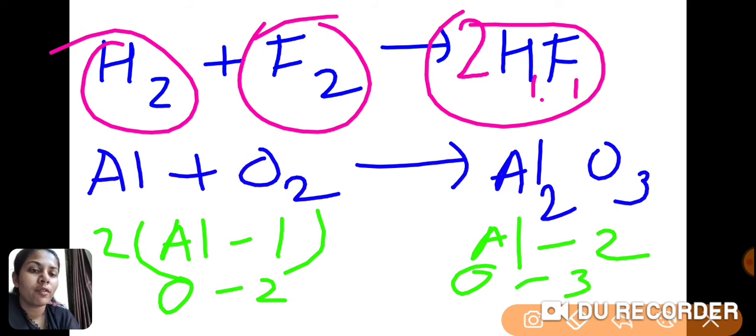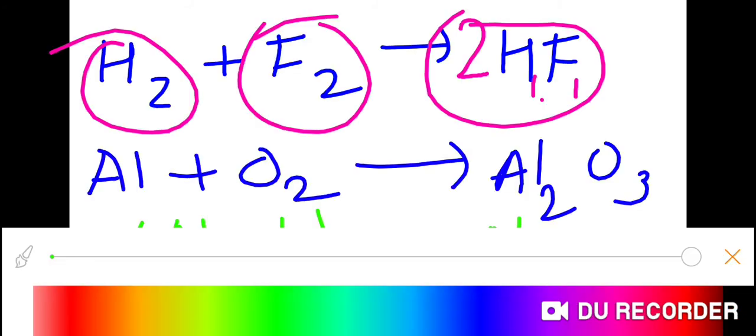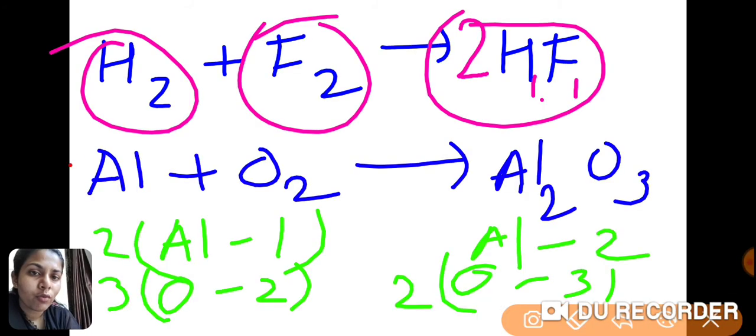So what will we do? If we multiply this by 3 and this by 2, then both sides will have 6 molecules of oxygen. So now applying this in the equation, right here, 2 molecules of aluminum, then on this side there are 2 molecules of aluminum.